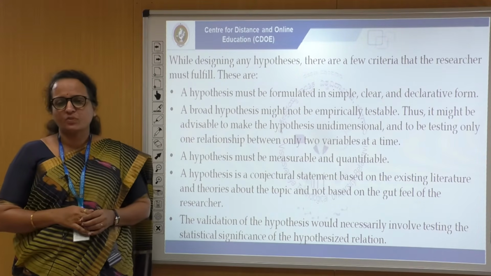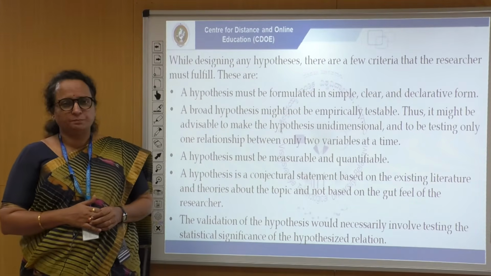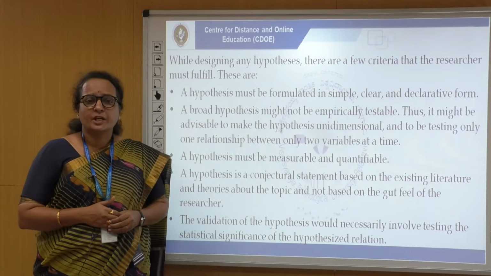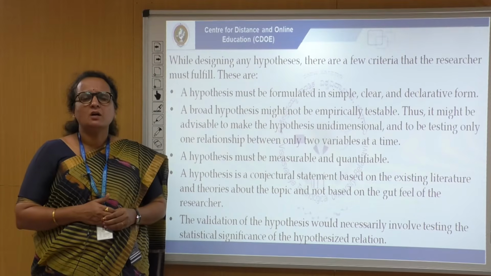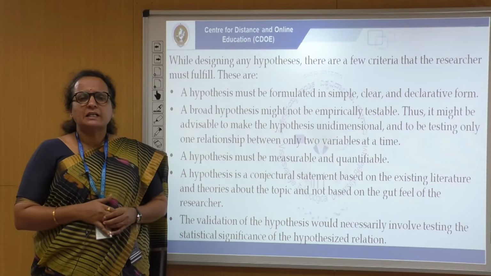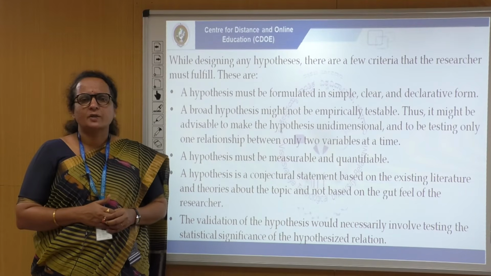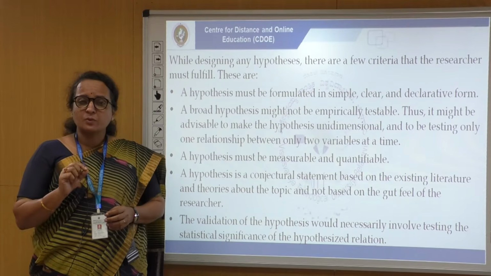defined separately. A hypothesis must be measurable and quantifiable. Whenever you are stating the hypothesis, it must be measurable and it must be quantifiable. For example, if you say that the literacy level in Mysuru city is 85%, if this is a hypothesis, this hypothesis is measurable.